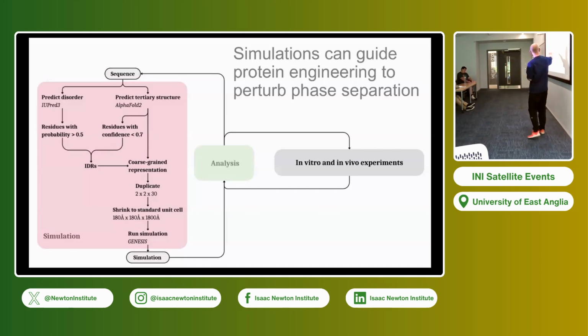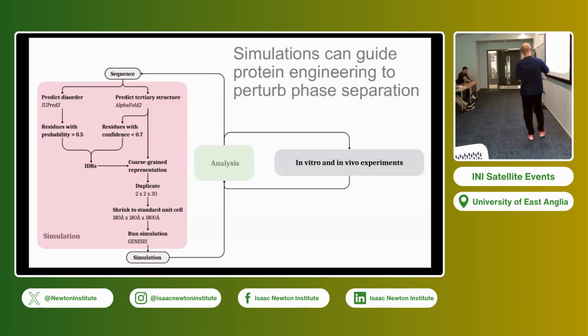But that will give you predictions that you can then again go through the same pipeline, simulate, and if it does the right thing in silico, then that's the time to go and see if that's the case in the lab. So this gives you a neat way of picking out key interactions, key residues, and a way to engineer, in a targeted manner, the protein of your choice to phase separate.